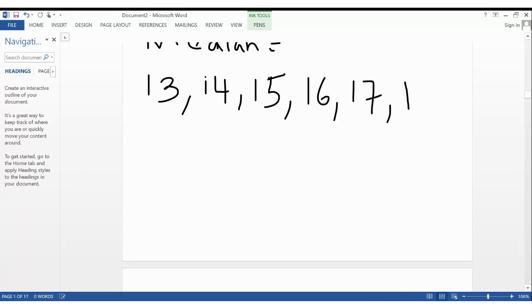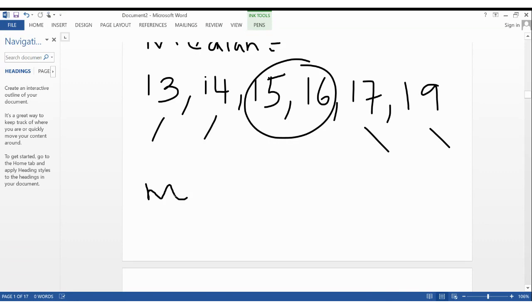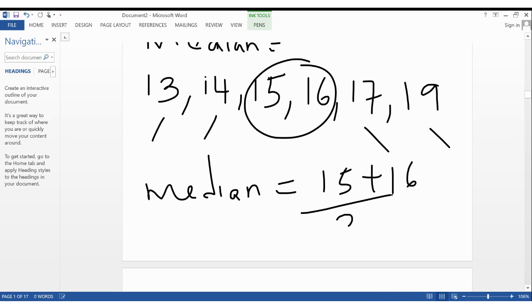So again, the number in the middle, that one and that one will go. We are remaining with 2 numbers in the middle. So the median will be given by 15 plus 16 all over 2. We said you take the average, so this one will be 15.5.